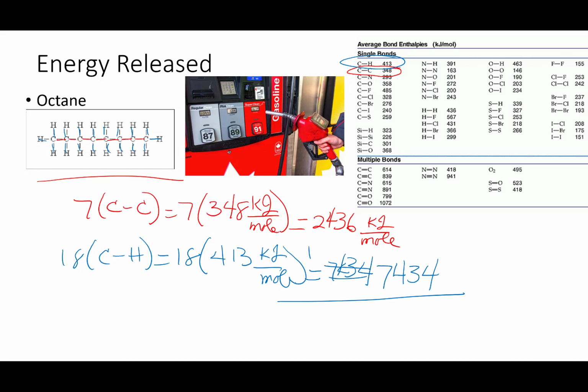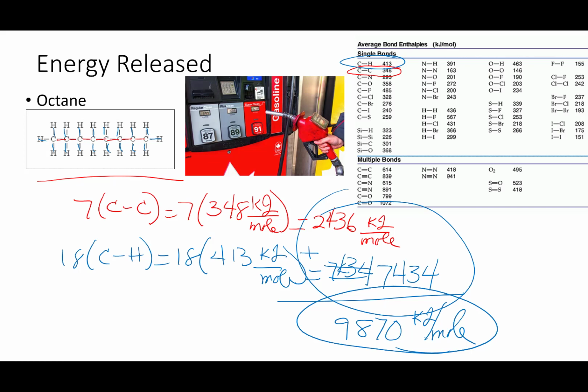If I add these two numbers together, I end up with 9,870 kilojoules per mole. The wonderful thing is when a new molecule is constructed, you can actually do the math and figure out how much energy is released.